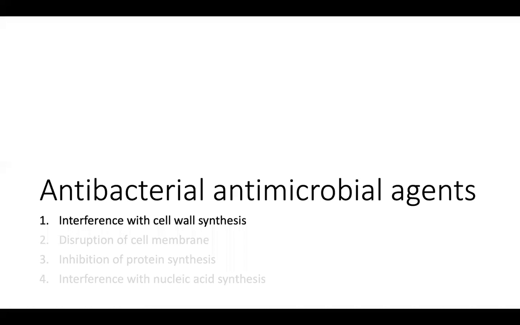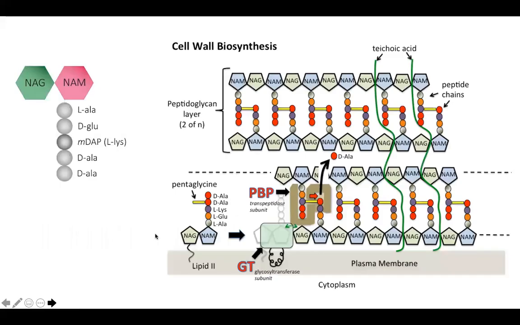The first mode of action is interference with cell wall synthesis, which is why we went through a summary of the cell wall. Remember the gram-positive bacterial cell wall and the gram-negative bacterial cell wall. Bacterial cell wall biosynthesis is a complex activity.